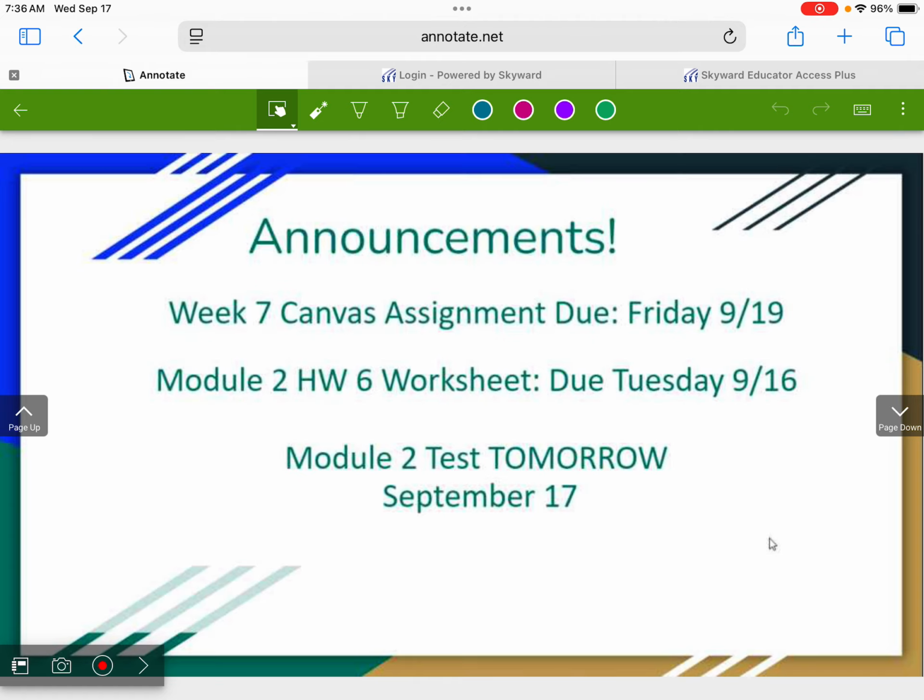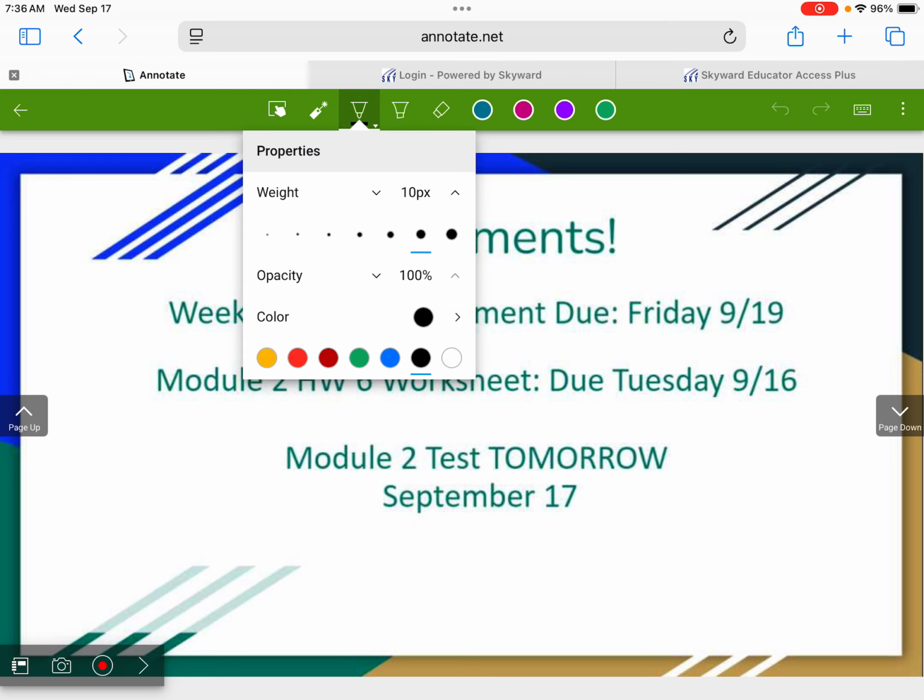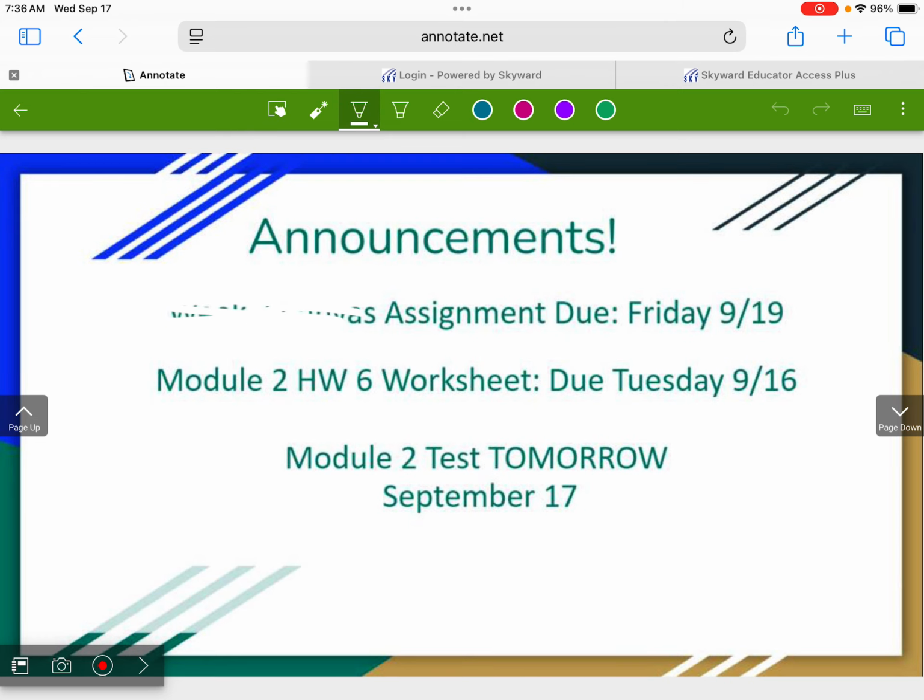Okay. So we actually do not have a week 7 Canvas assignment, so I'm going to go over that. You're going to have a bunch of time to work today. You have a chapter review to work through. We have some remaining homework assignments to work on. Homework 6 is due today. If you need another copy of the review packet, I have several more up here.